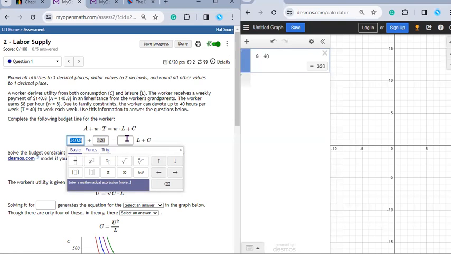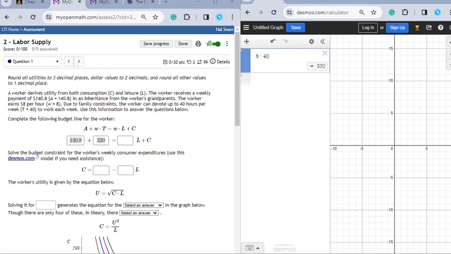Now, over on the right-hand side, I have three things. I have the wage rate and leisure plus the amount in dollars of consumer goods. When I multiply the wage rate by leisure, this is dollars per hour and this is hours, so this becomes dollars.